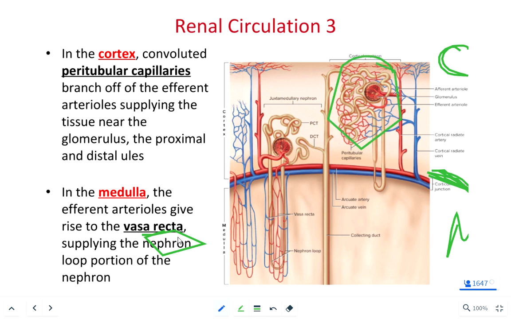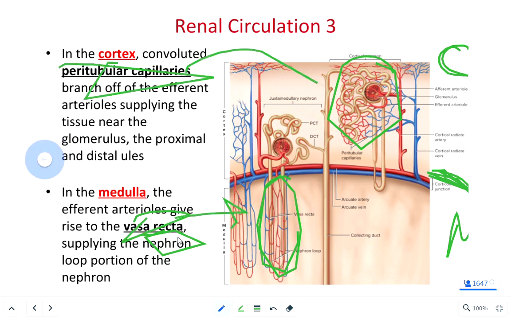Most of our capillary beds, or most of our nephrons, will have those peritubular capillaries. Every once in a while, though, we'll see a nephron that has a loop extending down into the medulla. And the blood vessels, those capillaries associated with that loop, are called the vasa recta. So we have vasa recta right there, and we have peritubular capillaries over there.